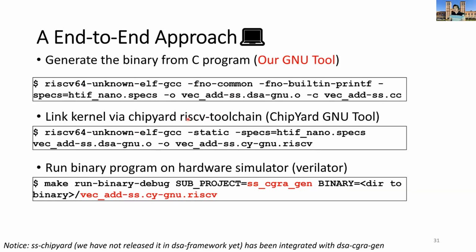Now you need to use the Chipyard GNU tool and do the link, so that you will have a RISC-V binary. You can run this command later and change the subproject to our accelerator, so that you can actually run the binary program on a Rocket core together with our accelerator.